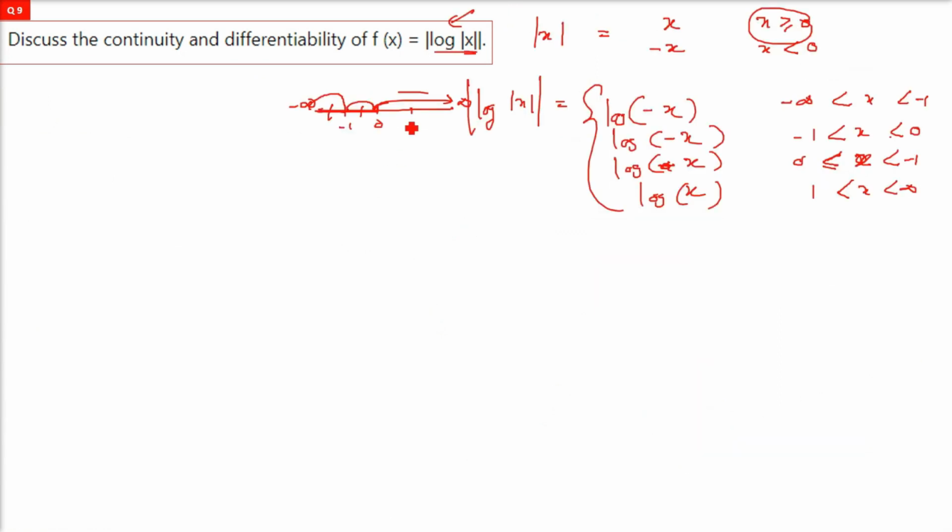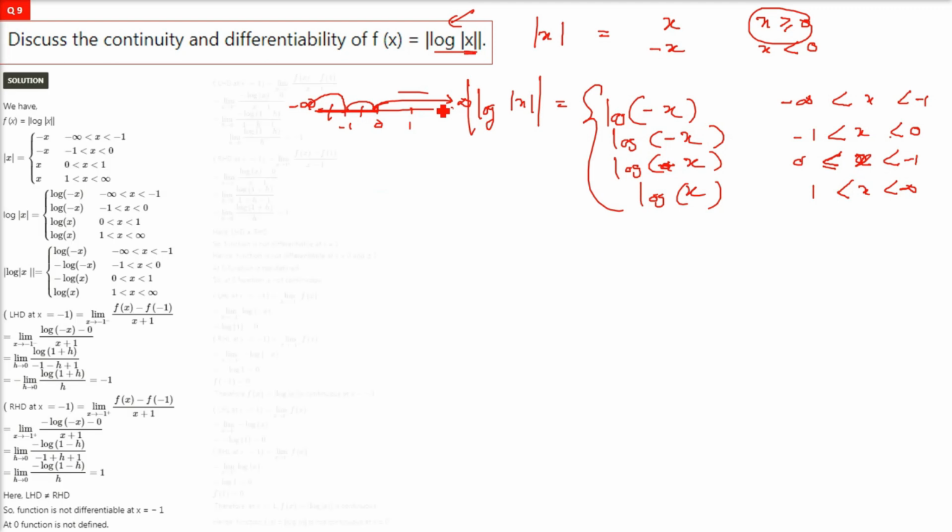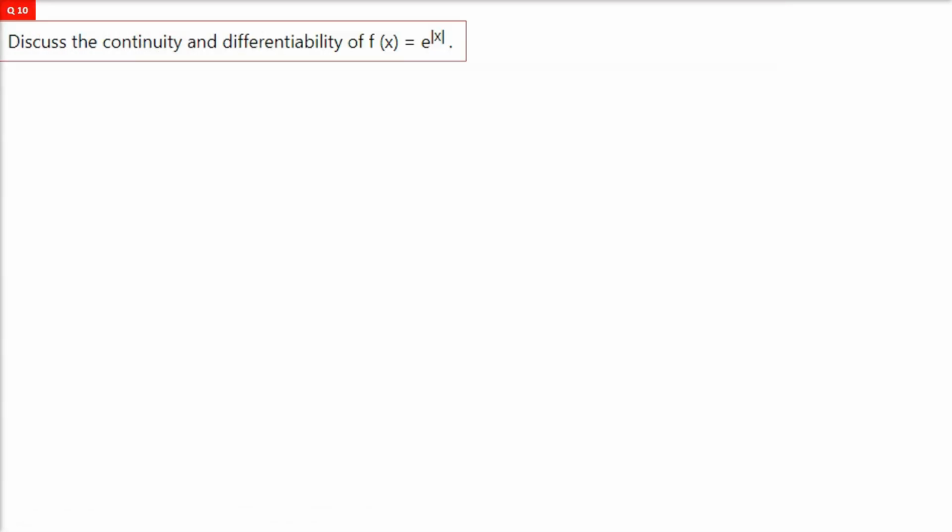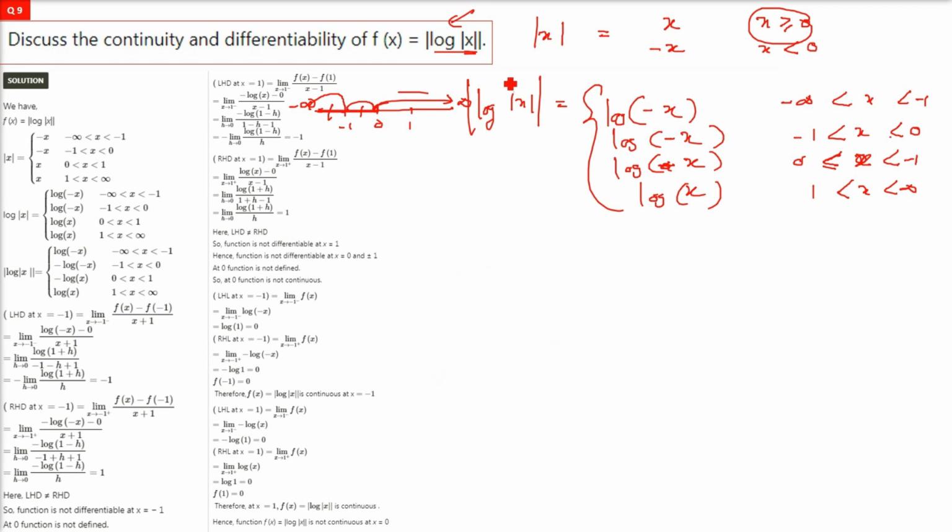So when we apply the modulus, log modulus x, what all will have a negative sign in front of it? Remember the graph, what part of the graph was below the x-axis? It was from -1 to 0 and 0 to 1, because minus infinity to -1 was up, and 1 to infinity was up, so you don't have to worry about that.